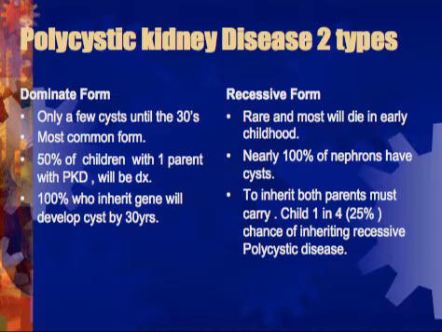So it's only one parent need have it, and 50% of the children that they bring into the world will have this disease process. 100% who inherit the gene will develop cysts by 30 years. So all the folks who have the gene for polycystic kidney disease do develop this disease process.